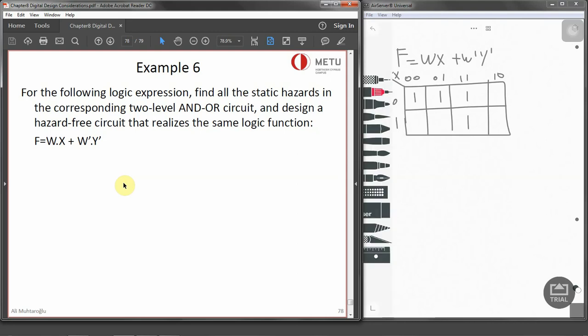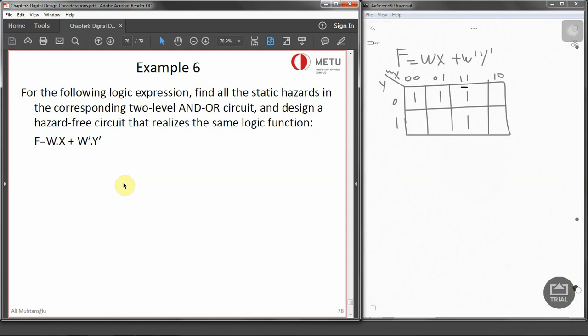Now, under normal conditions, we combine these two, which will give us w and x, and we combine these two and get w prime y prime.